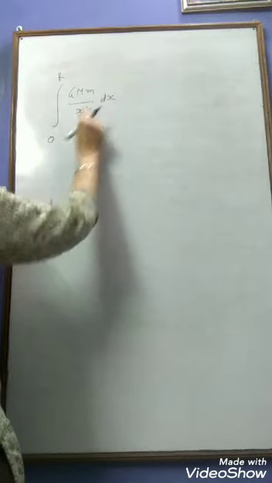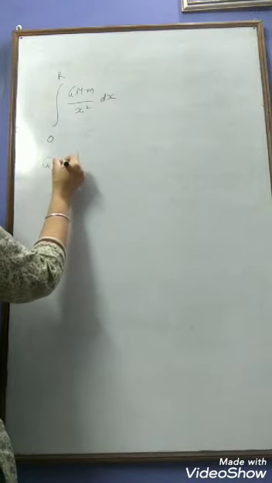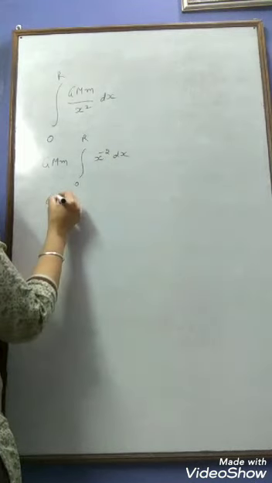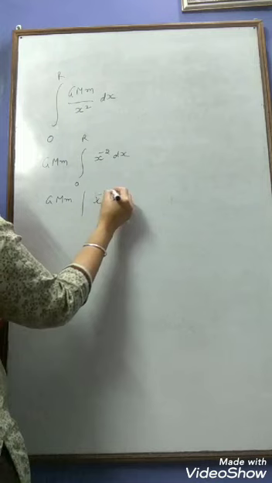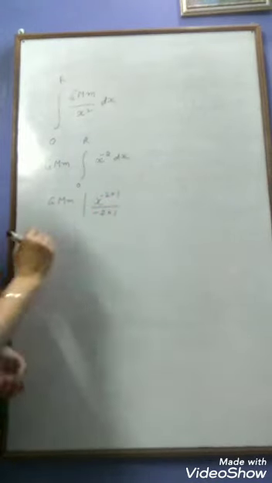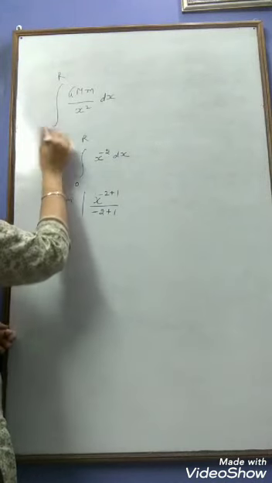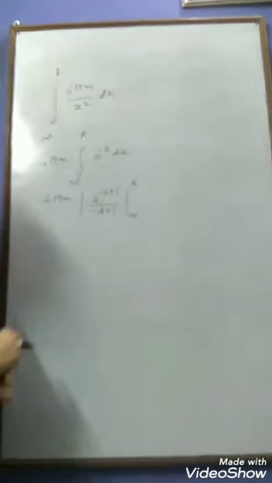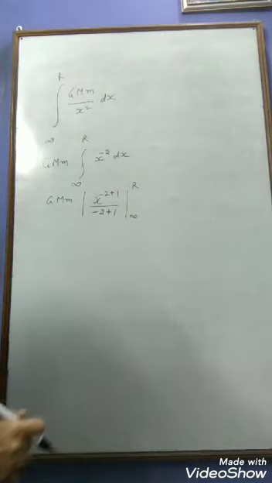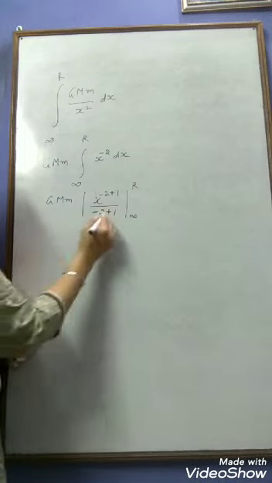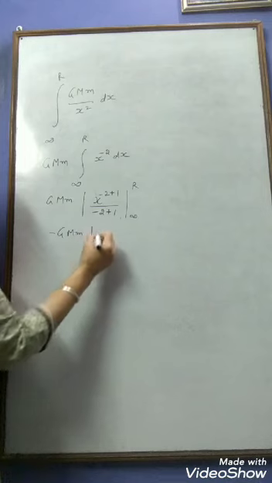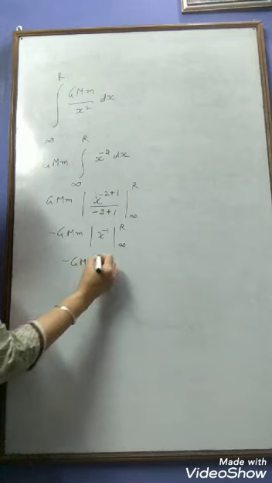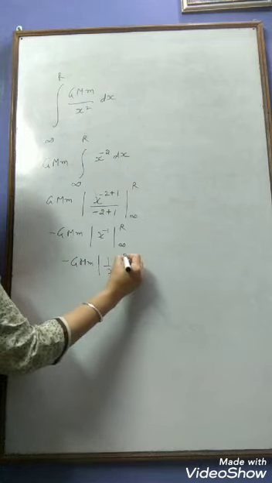The integration of x^(-2) dx is x^(-2+1) over minus 2 plus 1, which gives minus x^(-1), so GMm times 1 by x from infinity to r.